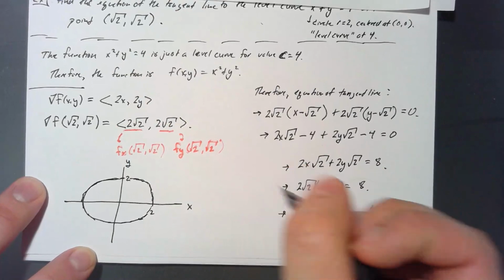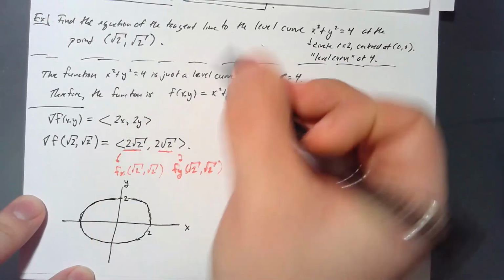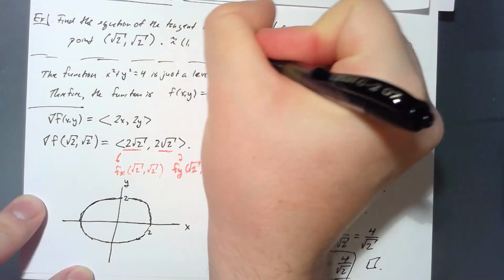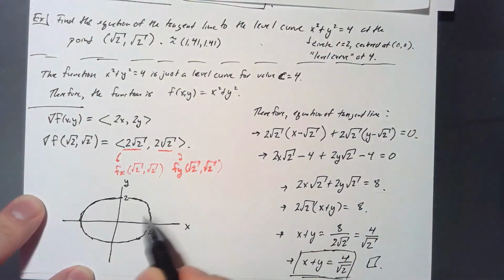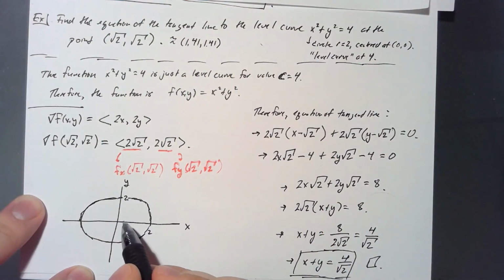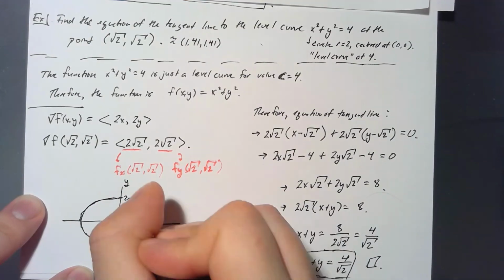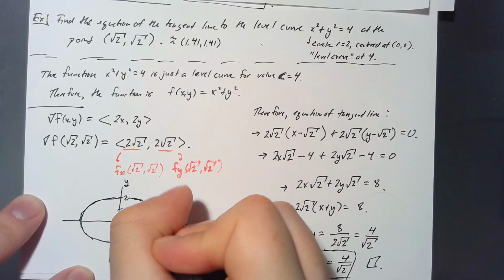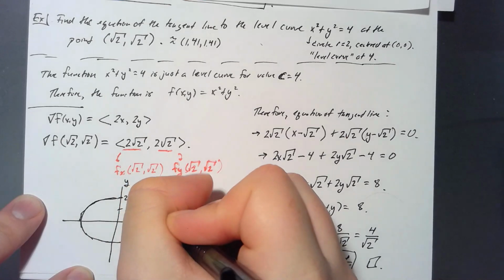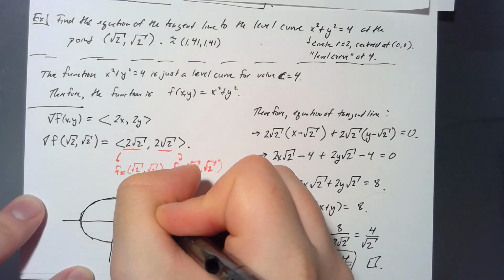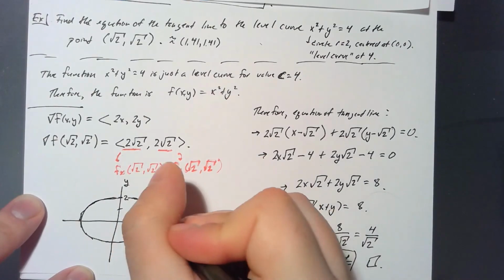So the point root 2, root 2, this is approximately what? 1.41, comma 1.41, right? So if I wanted to approximate that point, that's somewhere in the first quadrant, so that's 2, and that's 2, and that's 1, and that's 1, so the 1.4 is roughly there, and there. So this is obviously not drawn to scale, but let's just assume it's right there, right? That's the point.